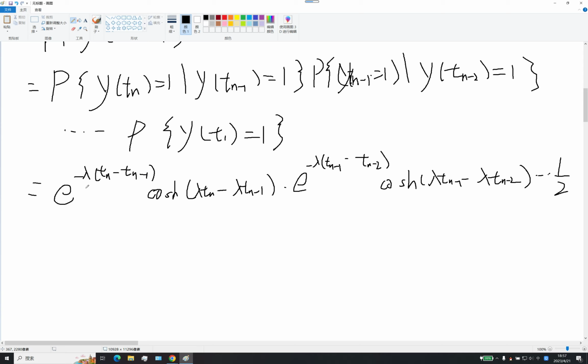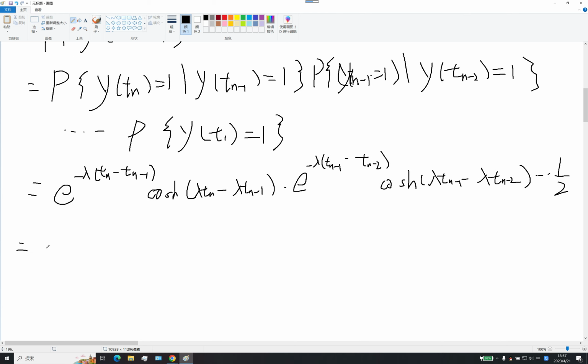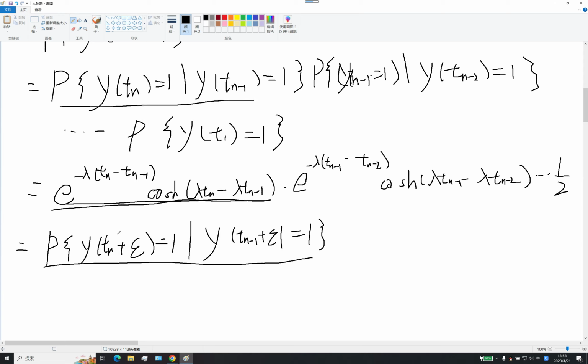Because it can be turned into this form, it can also be rewritten like this: P(y(tn + epsilon) = 1) on the condition of y(tn-1 + epsilon) = 1. This can be transformed into this form because it only depends on the difference, and (tn + epsilon) minus (tn-1 + epsilon) equals tn minus tn-1.